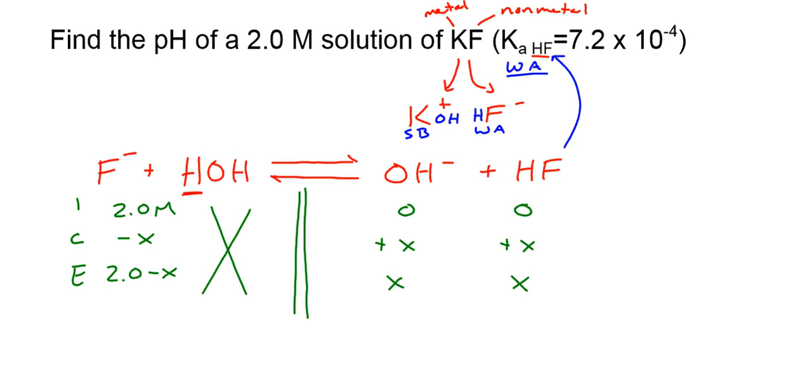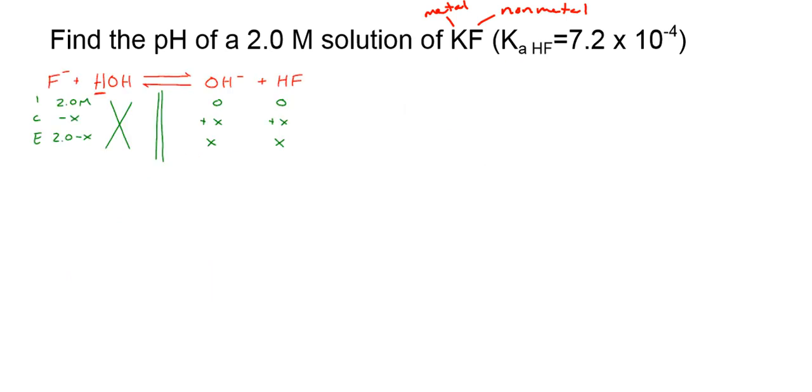So let's shrink this ice box so we have room to work. Now we would have our expression, and our expression would be my products over my reactants. And here's the key. Because it's OH minus, this is a base. But right now I have a K value.